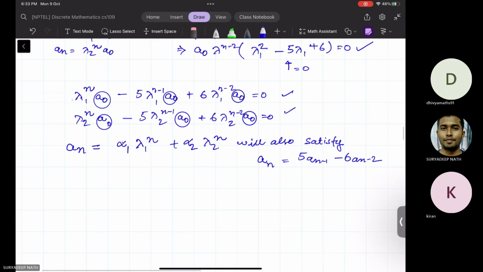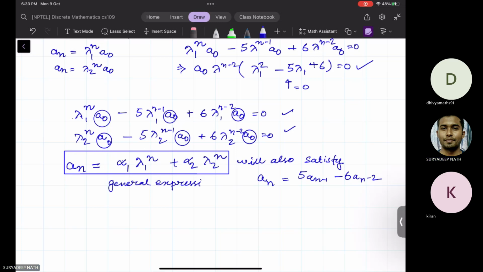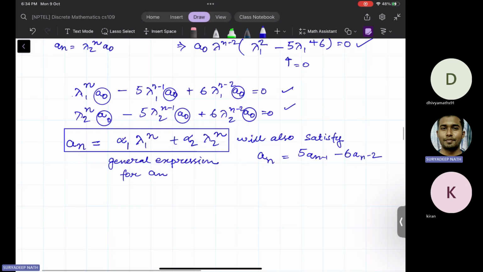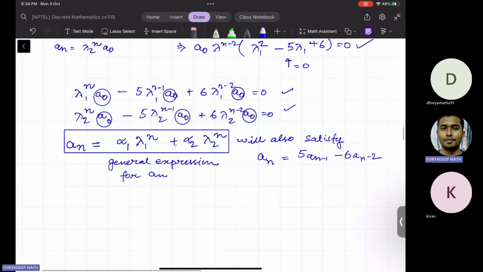So this is the general expression for a_n. This only holds if the recurrence relationship is linear.